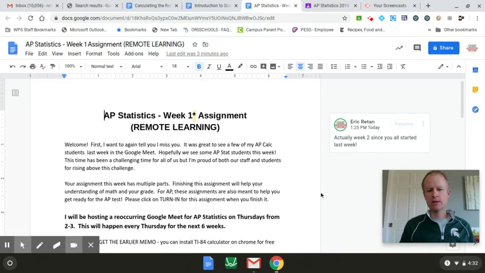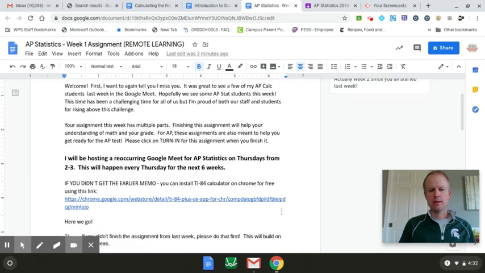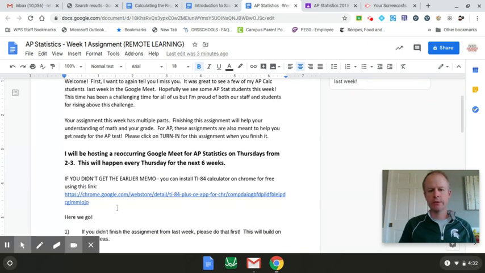The first thing we're going to do this week, hopefully you've taken a look at the top part of the assignment. If you didn't get the earlier memo, you can have a TI-84 calculator installed on your Chromebook by simply clicking on the link in the assignment, and once you install it, it functions just like a TI-84 on your Chromebook.